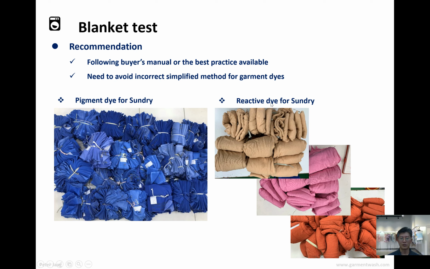Later they moved to reactive dye, but reactive dye does not match the sun-dry result either, because reactive dye is such a strong dyeing method. Even if there is a fabric problem, or the fabric has a different condition, the shade difference will be very small after a reactive garment dye. But if we do sun-dry, the shade variation will be very big. So it's not a good way.